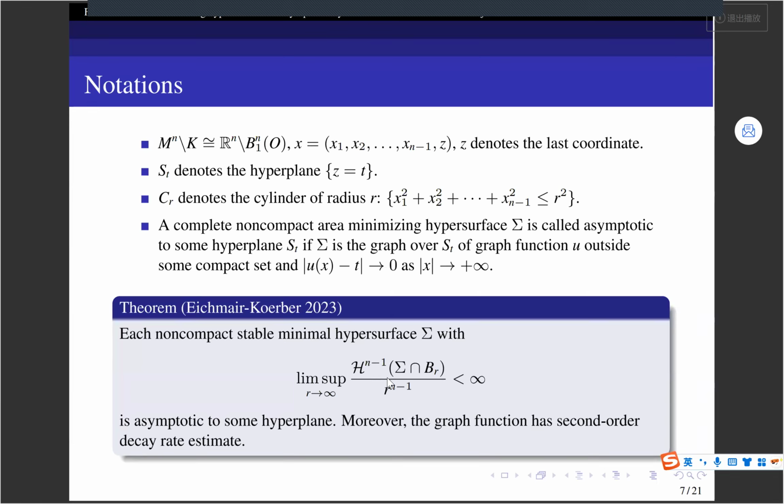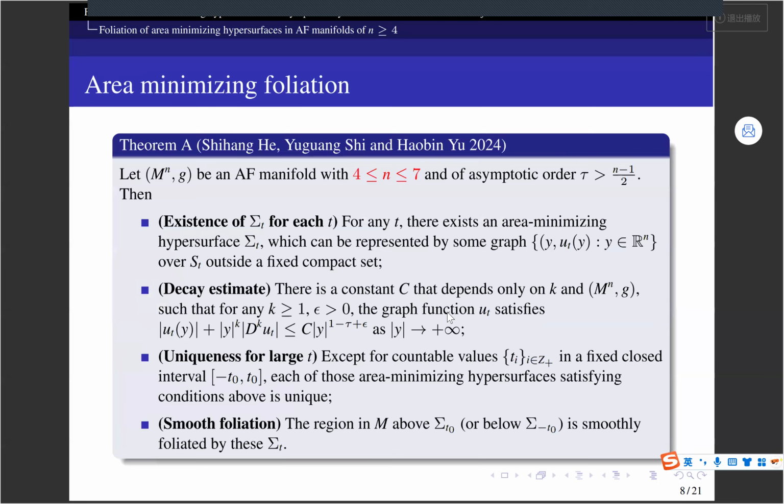I think it says something for general stable minimal hypersurfaces in the AF manifold, and our result is just maybe a description from another viewpoint.